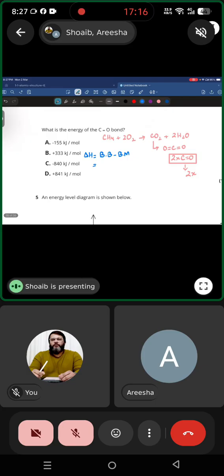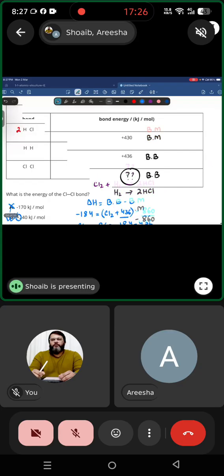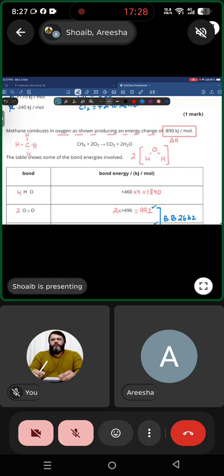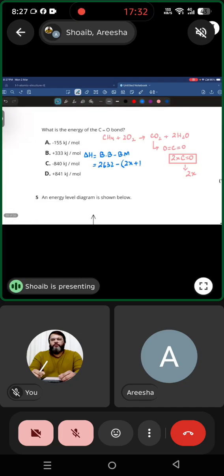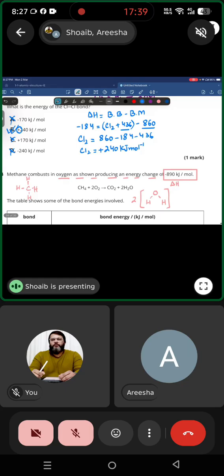So 2632 minus 2x, the unknown value of carbon dioxide, plus another, 1840, positive 1840. The delta H value is what?